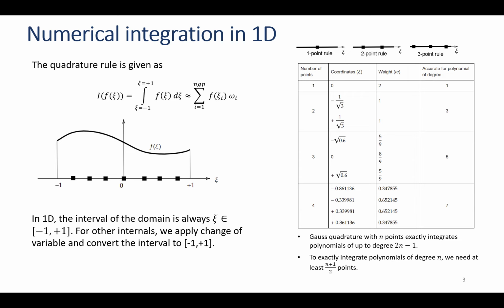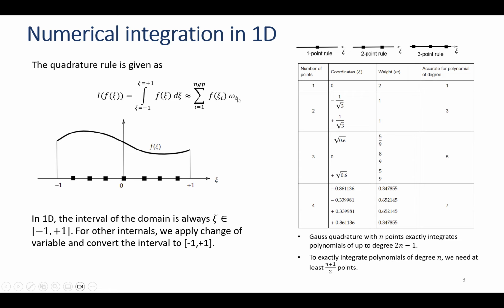So how? In the numerical integration, we use summation. We sum over a number of Gauss points, from 1 to the number of Gauss points, and at each Gauss point we evaluate the function f at that Gauss point and multiply it with the weight.